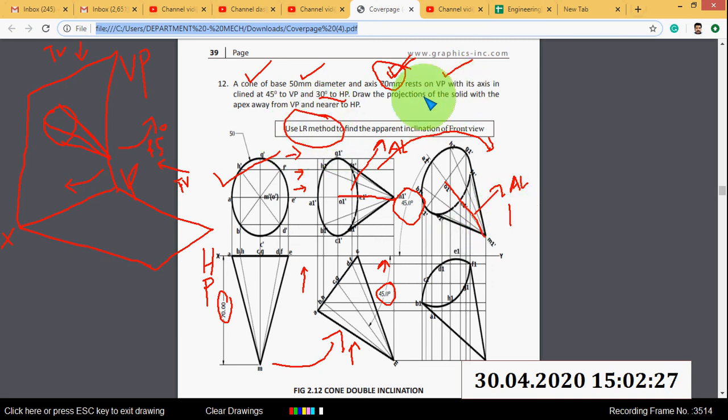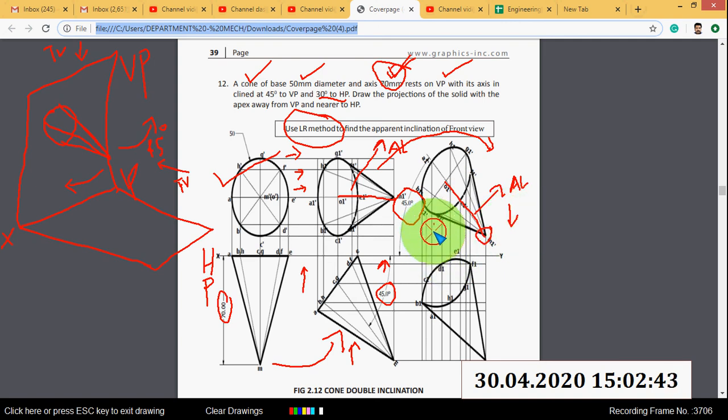Another thing is, with the apex away from VP and nearer to HP. This is the apex point. When you tilt this object into this position, you can see this apex is nearer to HP.